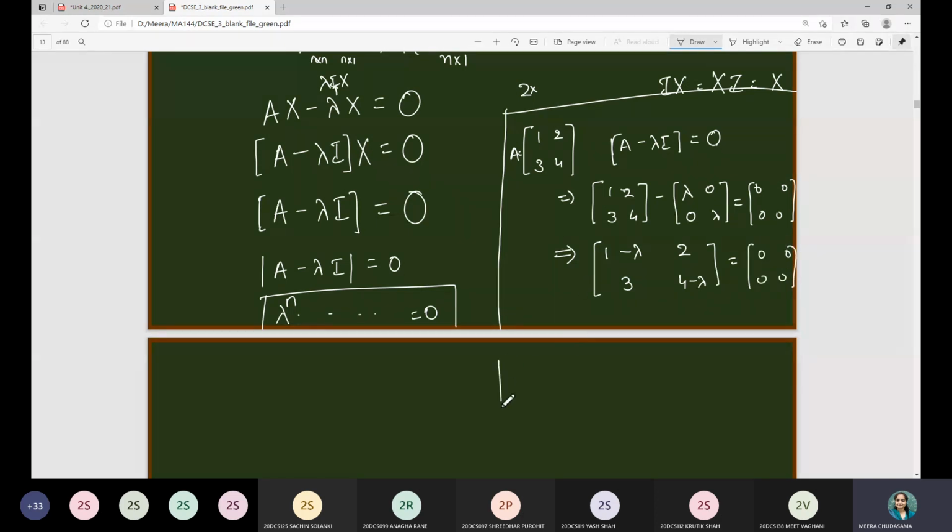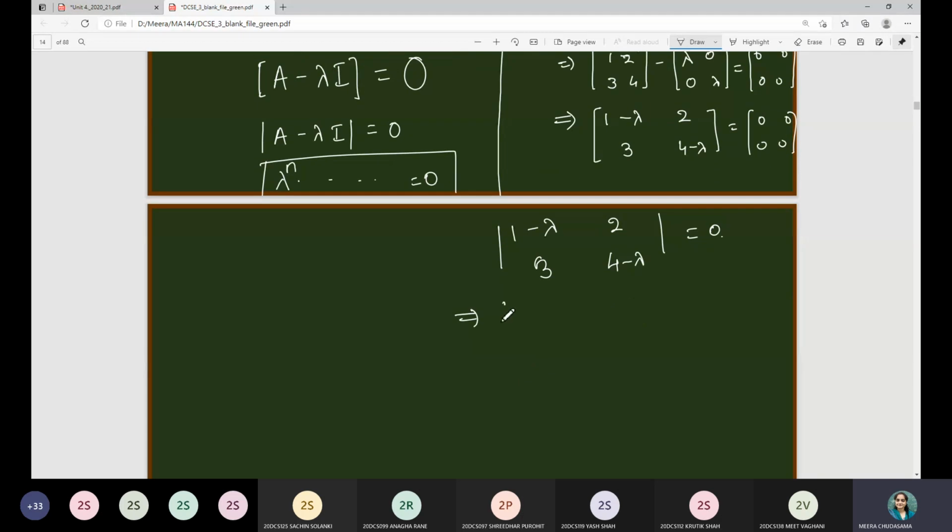Now, if we consider the determinant of this matrix, that is equal to 0. So the determinant of this one is 1 minus lambda, 3, 2, 4 minus lambda, and the determinant of this means it is 1 minus lambda times 4 minus lambda, minus 6 is equal to 0. That means it is 4 minus lambda minus 4 lambda, that is minus 5 lambda, plus lambda square minus 6 is equal to 0. That is, lambda square minus 5 lambda minus 2 is equal to 0.